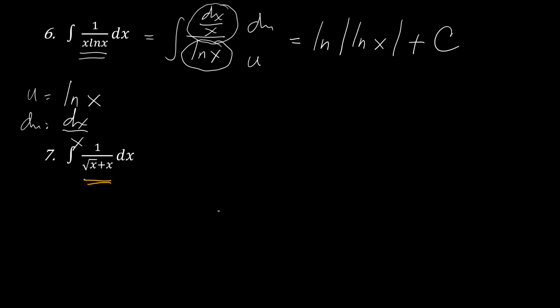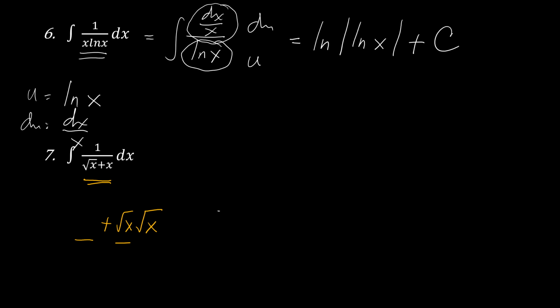But square root of x and x can be written in terms of square root of x plus square root of x square root of x. All right? In that way, we can factor square root of x.